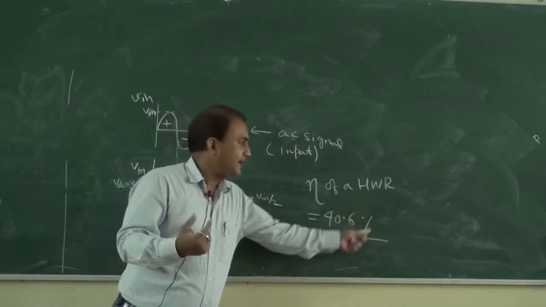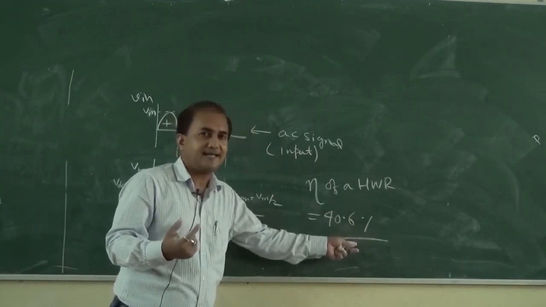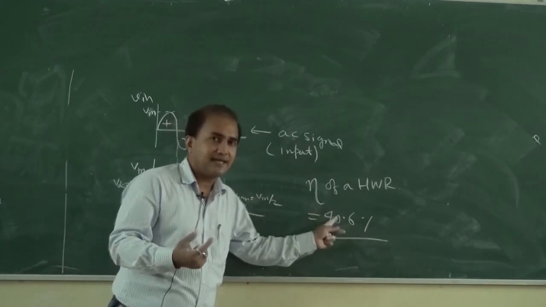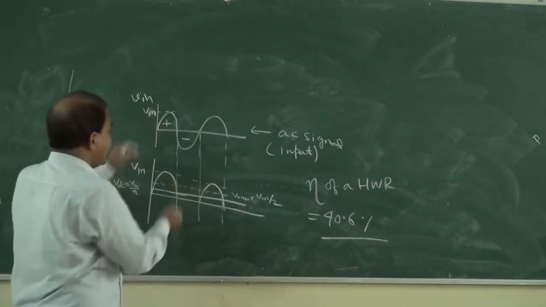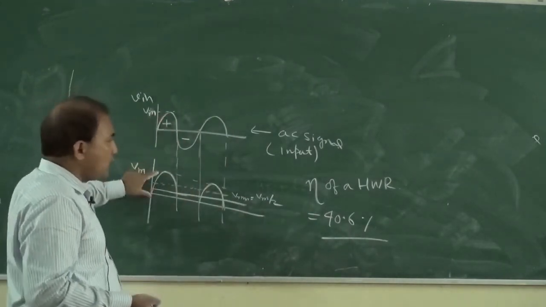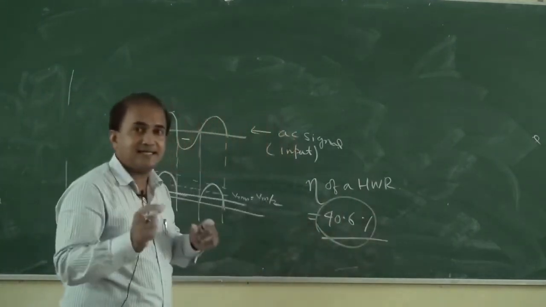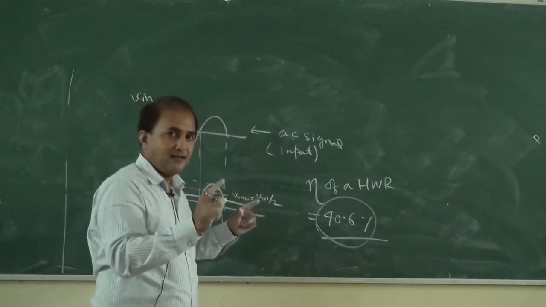This is the main disadvantage of using a half-wave rectifier circuit. Here the efficiency is only 40.6%. It means that if we give this AC input signal, in the output we get only 40.6% DC signal, and the rest is not DC.